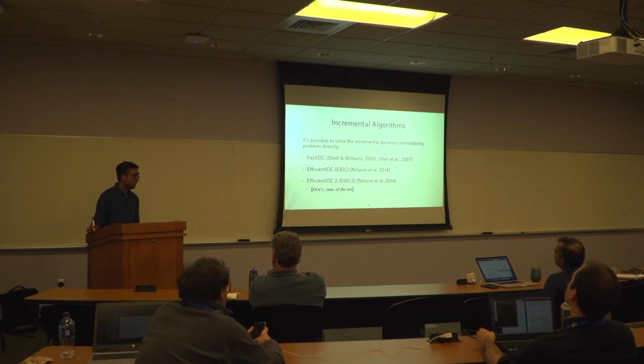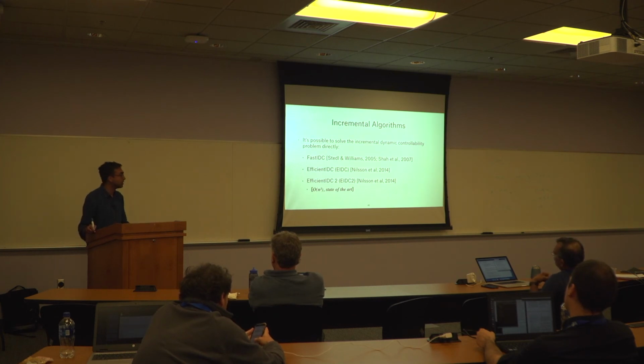Can we incrementally adjust our incumbent partial plans and use this information to guarantee dynamic controllability as we go forward? There are quite a few works that have addressed this problem and examined it: fast IDC, efficient IDC, and EIDC2. EIDC2 is the incumbent as the best incremental dynamic controllability checking algorithm.